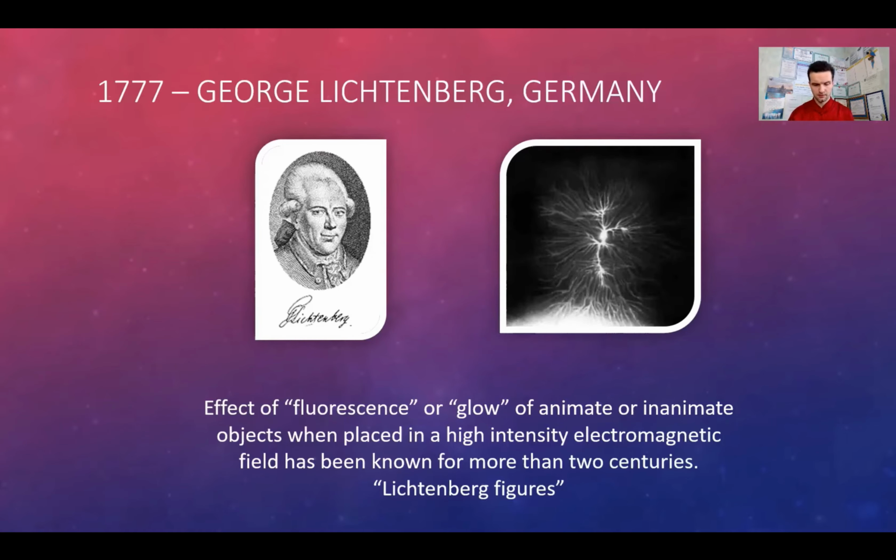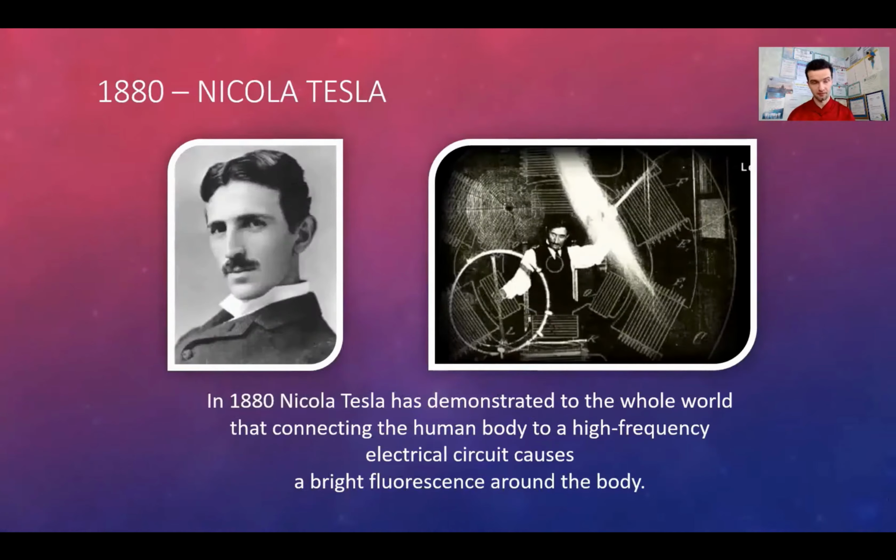So time passed by, and the next name, very popular, one century later, at the end of the 19th century, Nikola Tesla was making experiments with electricity, and you know that he was the one who made alternating current possible.